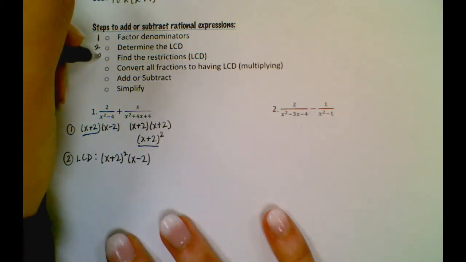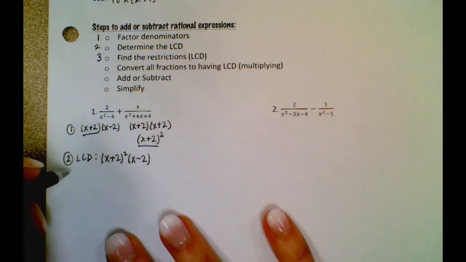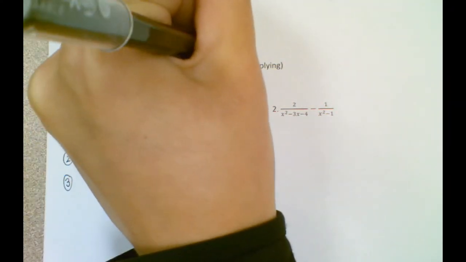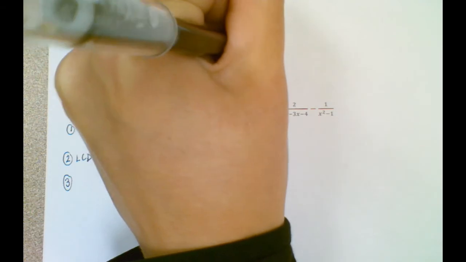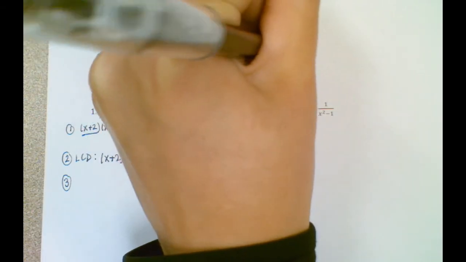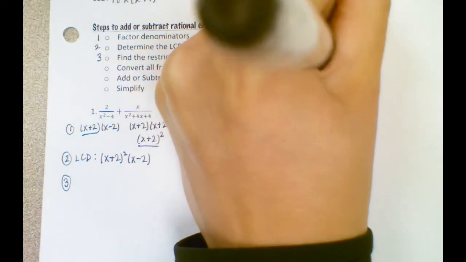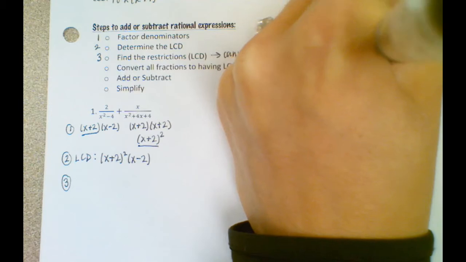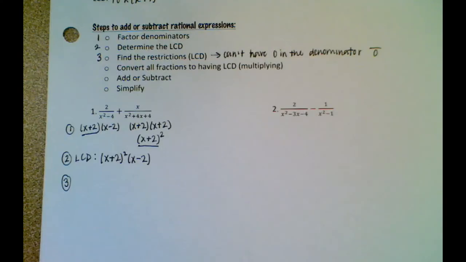All right, step 3, I'm going to find the restrictions of the least common denominator. The reason we're doing that is because the denominator of a fraction can't be 0. Because if you have something over 0, you're going to get an error.